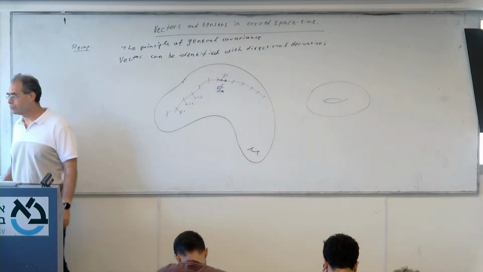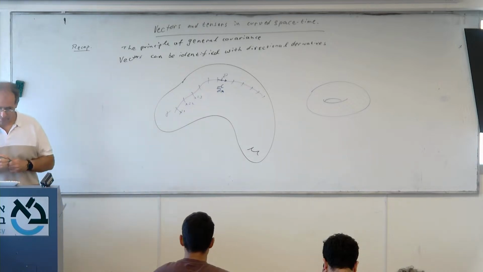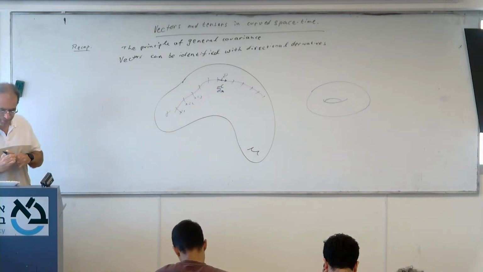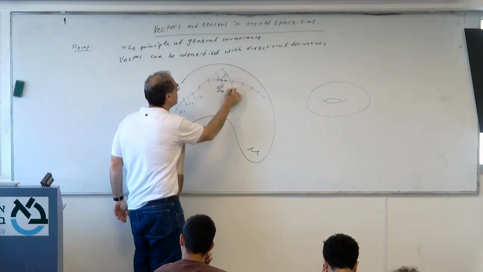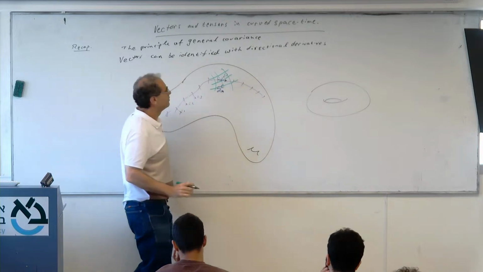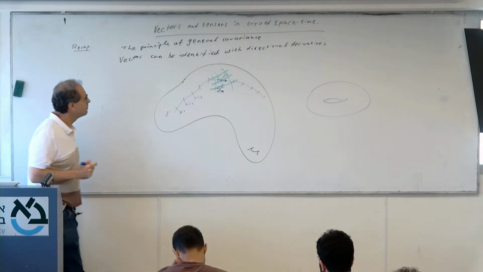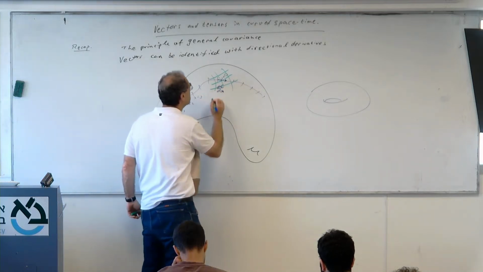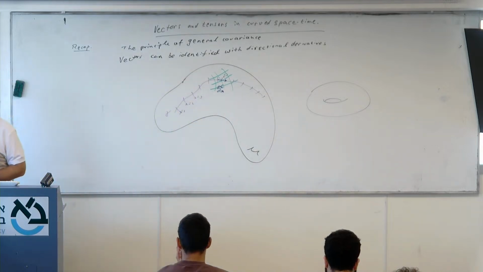And if I want to put coordinates, which I can always do, I can put a set of coordinates in the vicinity of P, which I'm allowed to do because locally this is Euclidean. So this will be coordinate 1.